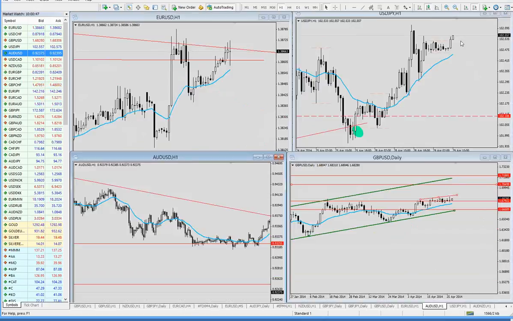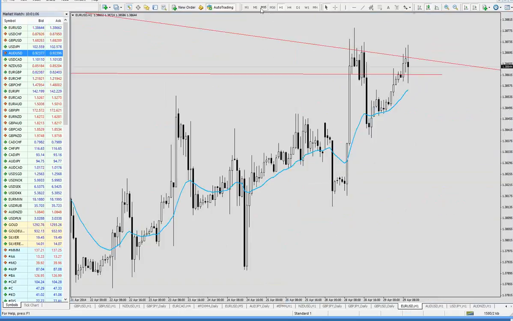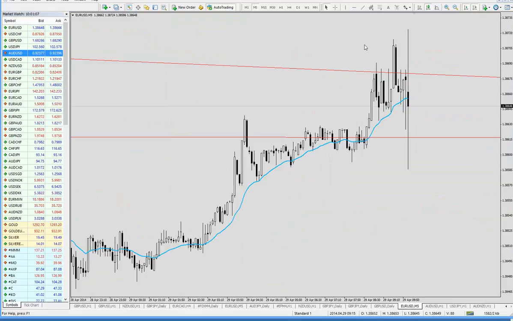There was no chance on dollar yen to go long. Again, I would like to go long around the Asia low. So let's, yeah, that's the euro dollar.